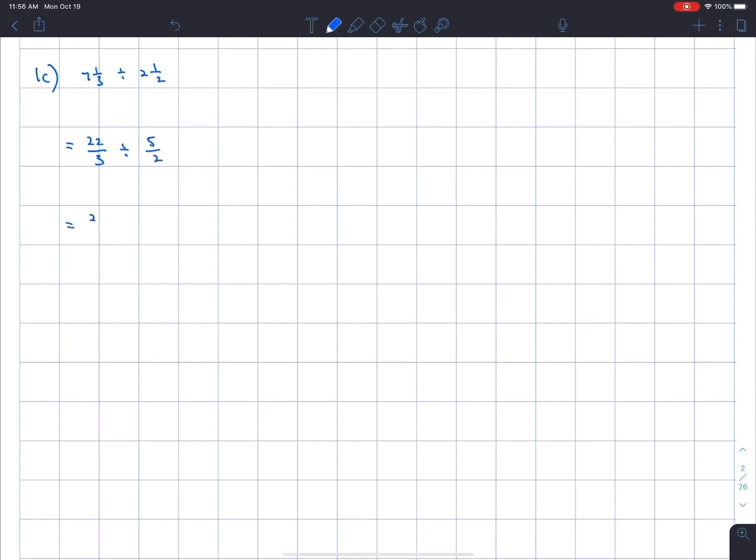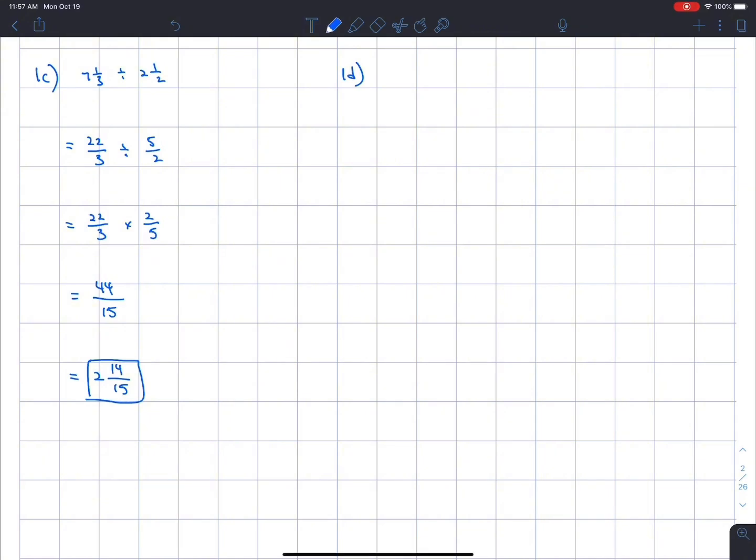So we have 22 over 3 times 2 over 5. Nothing to simplify again. 22 times 2 is 44. 3 times 5 is 15. And 15 times 2 is 30. So 44 minus 30 is 14. So my final answer will be 2 and 14 over 15.